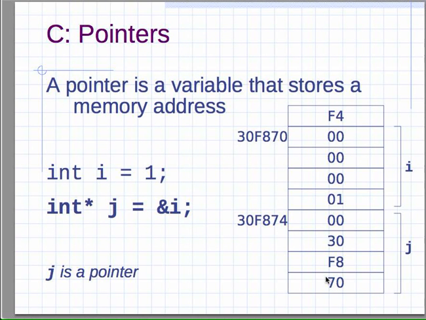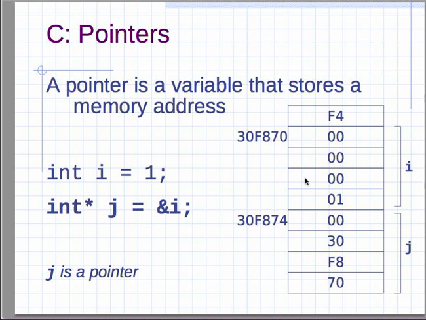Okay, so let's say we have 2 things that we've declared, int I and int star j. So you might say, what is int star j? Well, int star means j is a pointer to an int. And what exactly is a pointer? A pointer is the memory location where something is stored. So in this case, int I has the value 1, and that we saw before, assuming that I starts at address 30F870.